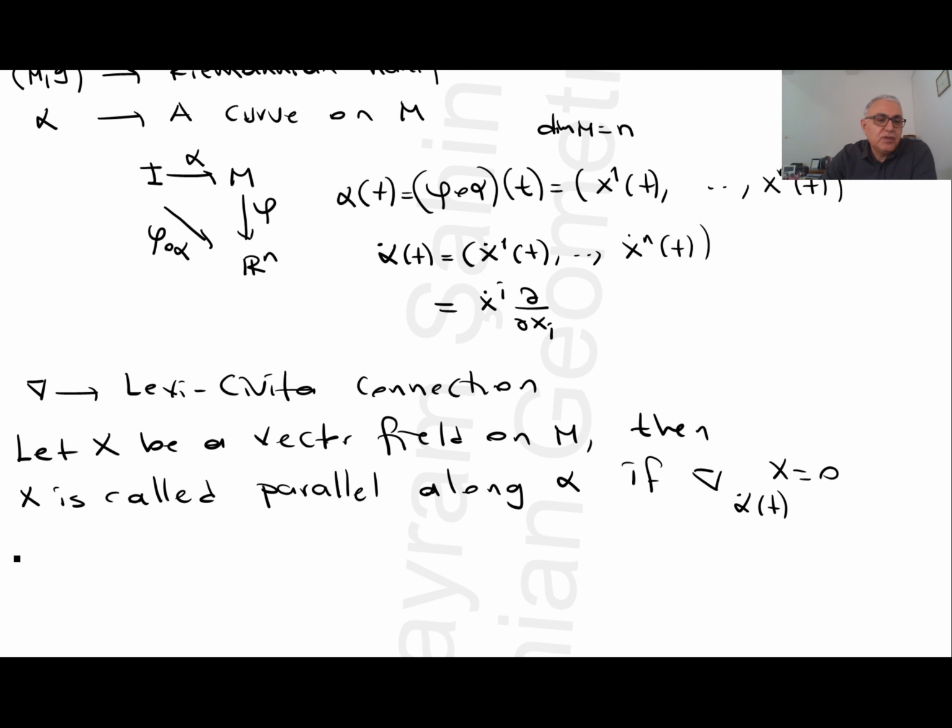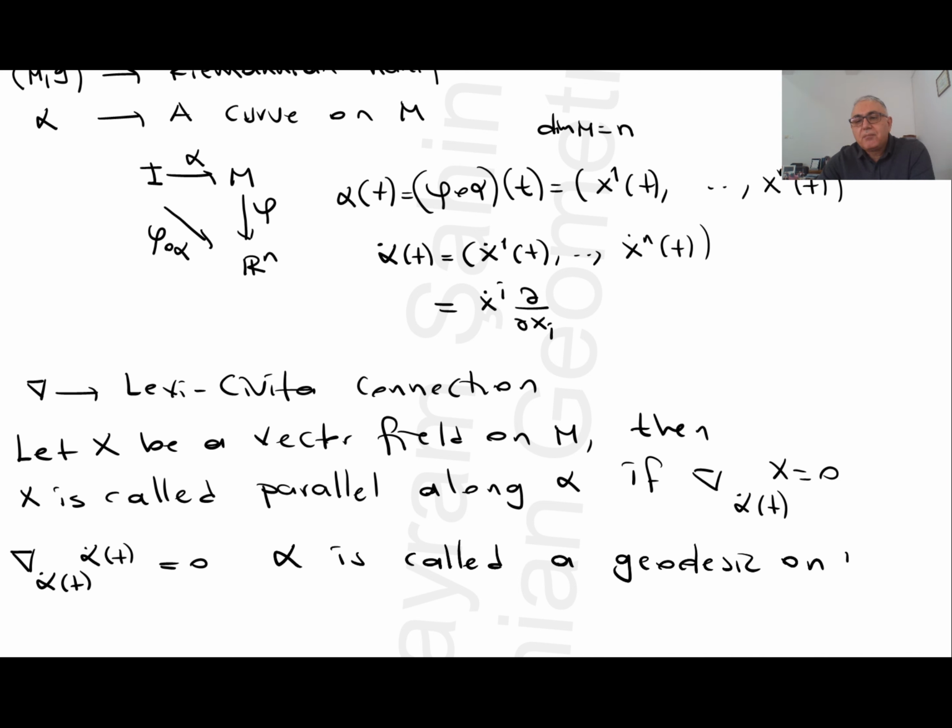So if you have this alpha, and the covariant derivative of the tangent vector of this alpha is 0, alpha is called a geodesic on M. So it means the tangent vector of alpha is parallel along itself. So then we call this a geodesic.